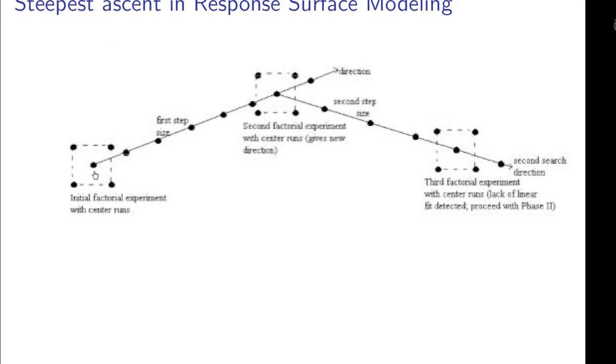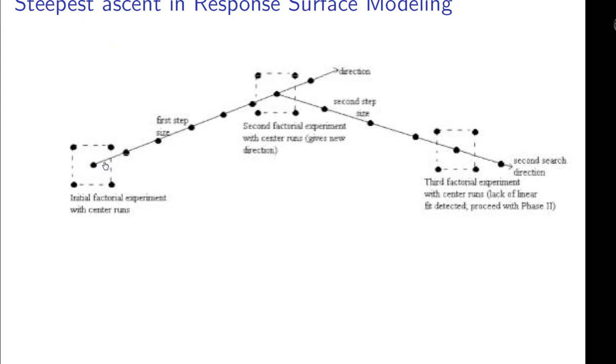In this case, you see we've added some center runs. Maybe there are other face-centered or axial runs to this, but here's an additional experiment we run, and then we fit a low-order regression model, and from the coefficients beta sub i, so it's beta 1 and beta 2 if it's two-factor, as you see, we determine the direction of steepest ascent.